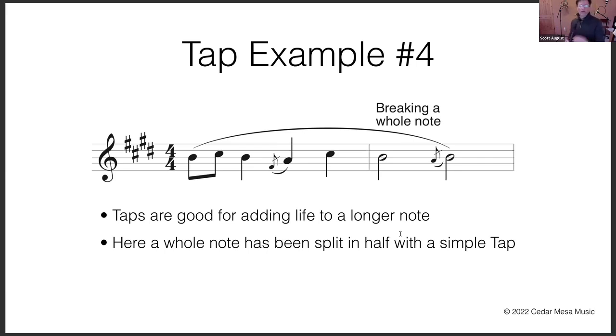So let me play it, first without the embellishments, and I'm going to play those 2 half notes as if they were a whole note. Okay, so. Pretty long, right? So now I'm going to do it, and I'm going to put the embellishment in.